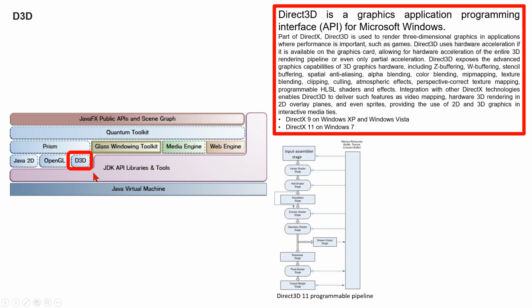Integration with the other DirectX technologies enables Direct3D to deliver such features as video mapping, hardware 3D rendering in 2D overlay planes, and even sprites, providing the use of 2D and 3D graphics in interactive media titles.